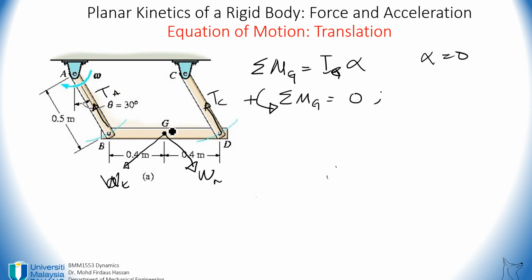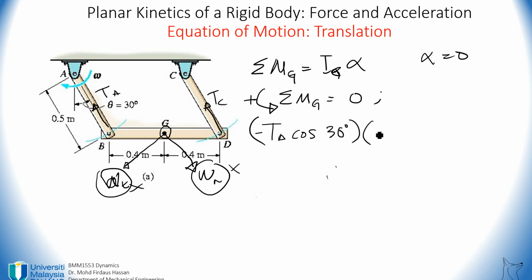So when you are referring to point G, these two forces, the weight, are not counted. And then you will have only two, TA and TC. Since TA creates a clockwise moment, TA cos 30 degrees times the distance from B to G, which is 0.4.